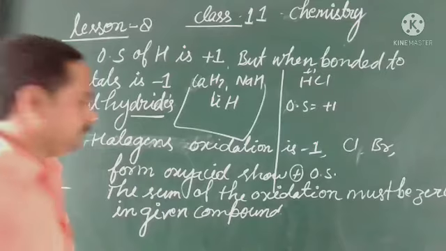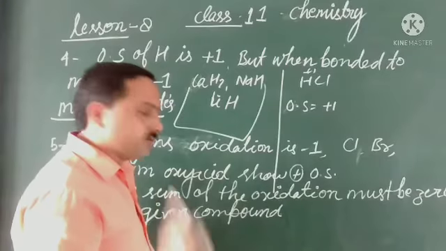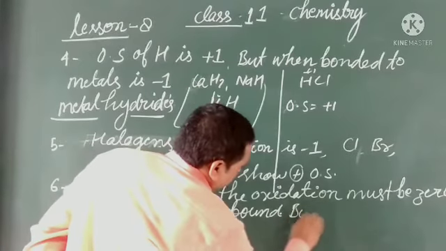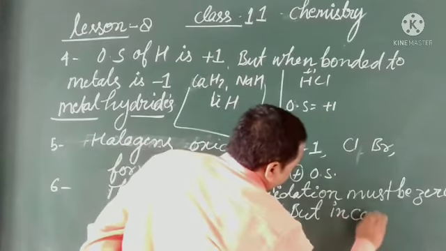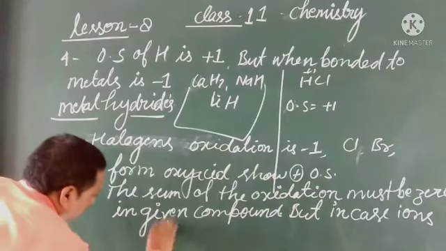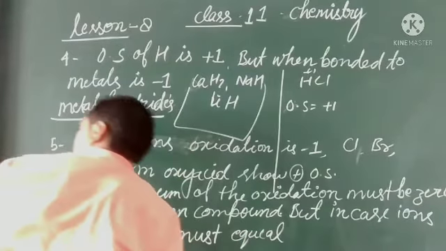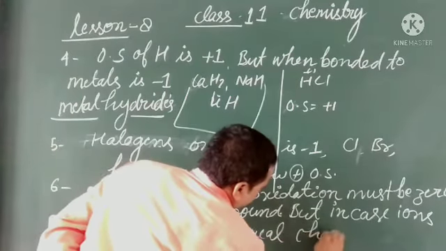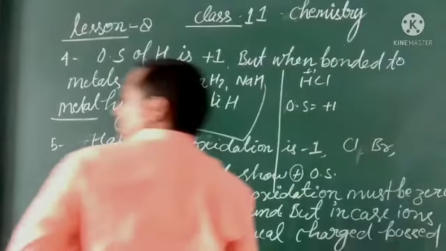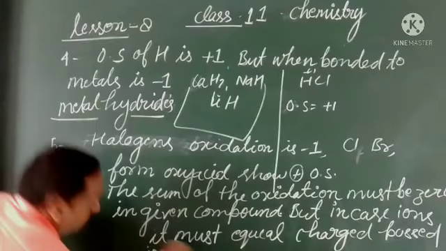But in the case of ions, the sum must be equal to the charge possessed by the ion. In the case of ionic compounds, it must be equal to the charge possessed by the ionic compound.